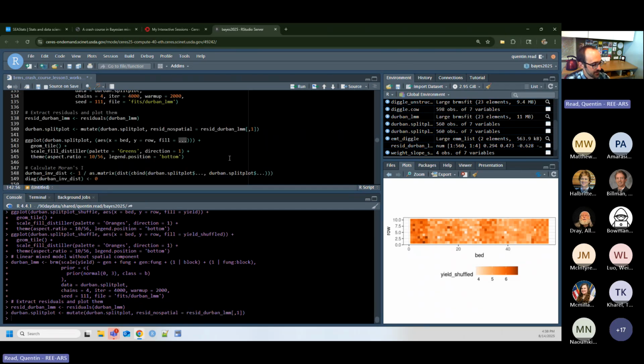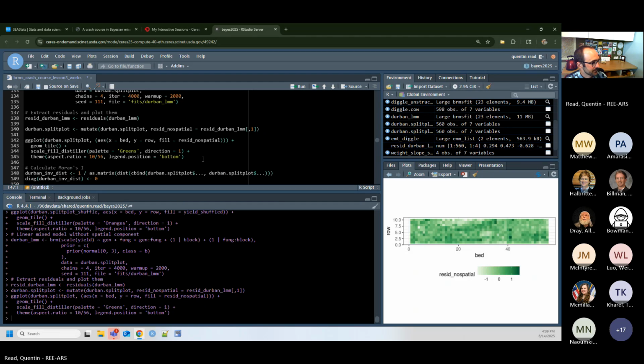Now we can plot it. The fill variable that we're plotting is this column, which I named resid_no_spatial. Other than that, it's the same code. I just decided to make the color green this time. Hit Control Enter to run that. When you look at this, you can still see some spatial pattern in the residuals, especially here.